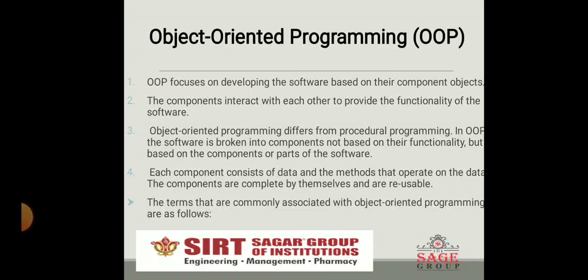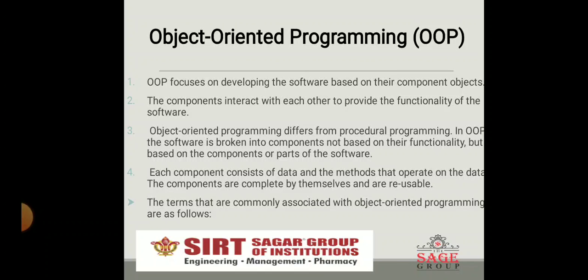Procedure oriented programming languages do not provide lots of functionalities that are provided by object oriented programming languages. In object oriented programming language, there are different types of concepts, and if we use these concepts, then it is easy for us to work on any programming language.